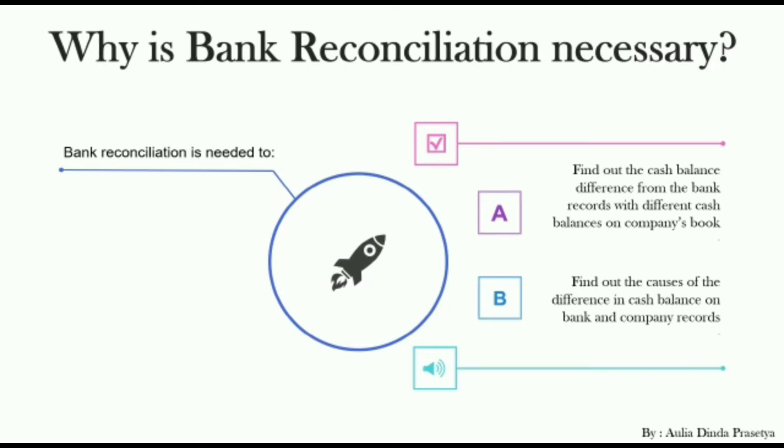Bank reconciliation is needed, first, to find out the cash balance difference from the bank records with different cash balances on company's book. And the second one is to find out the causes of the difference in cash balance on bank and company records.